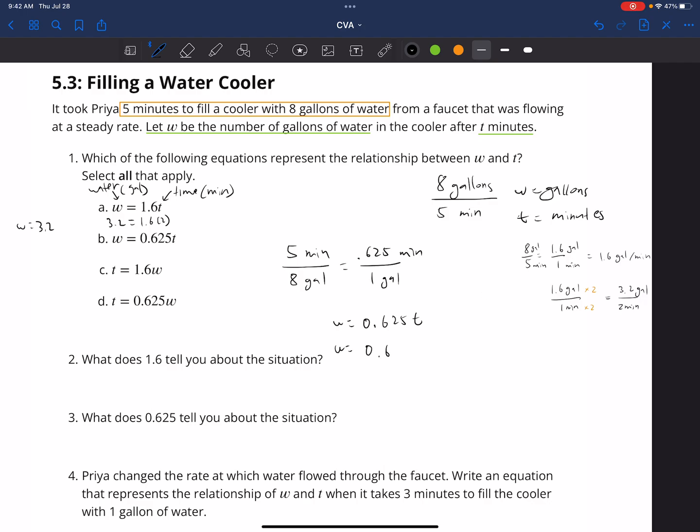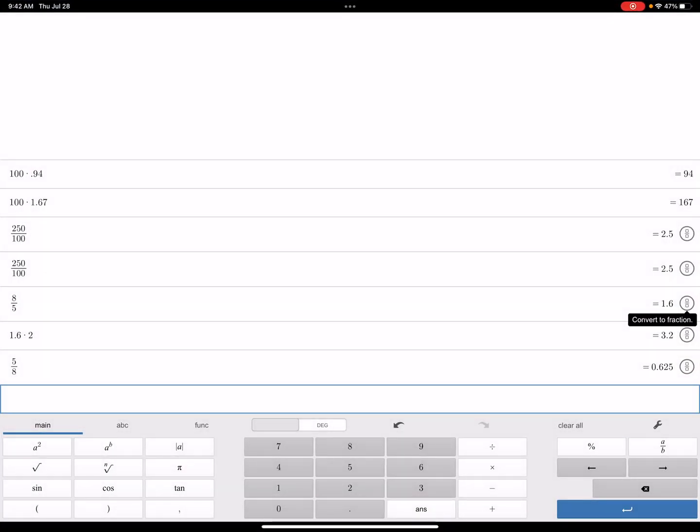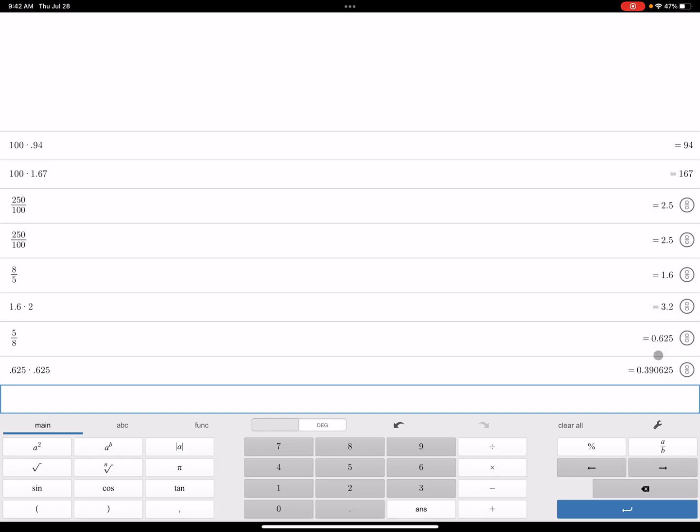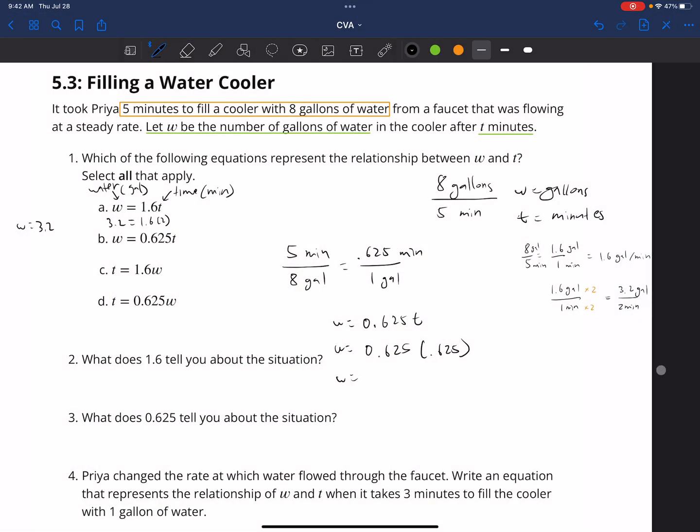So we've got 0.625 times T, where T is 0.625. Then W is equal to 0.625 times 0.625, and we get this crazy number, 0.390625.